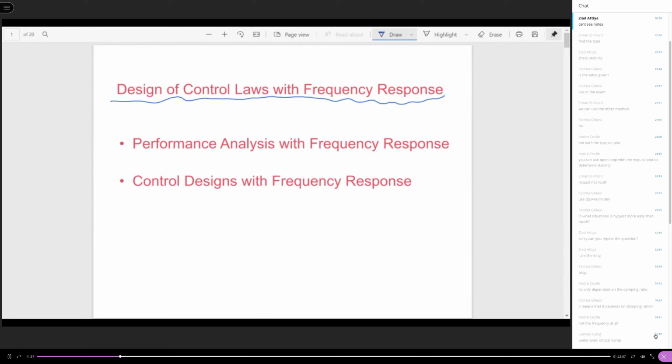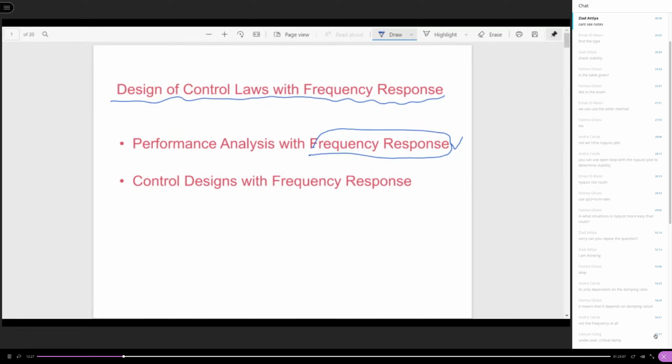Now in this part we have two problems to address. First, we need to do performance analysis with the frequency response, to know how we can evaluate whether a system is good or bad. And if it is not good, well, we talked about this in Control One all the time. What is the point of adding a control?